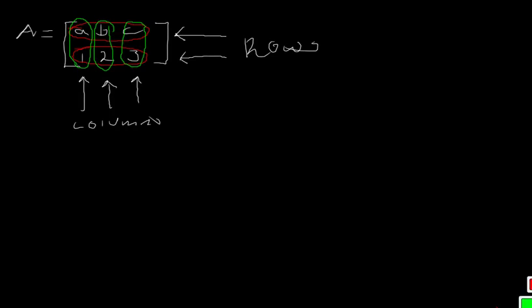Okay. So now that we've understood what a matrix is, what do we need to know about the matrix? The first thing that you need to know is that matrices are identified by what is known as the order of a matrix. When you talk of the order of a matrix, we're simply referring to the number of columns and the number of rows that matrix has.